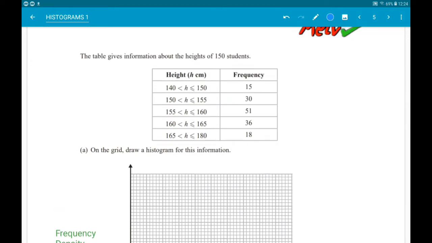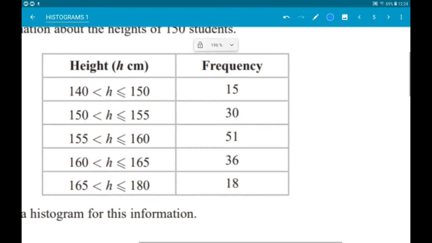Okay, so again then, we now need to find the frequency densities. So for the first one, we are doing 15 divided by 10, so that's 1.5. Next, we are doing 30 divided by 5, which is 6.